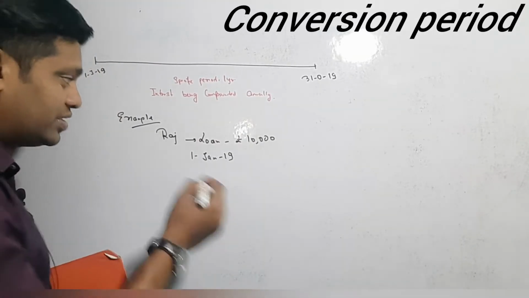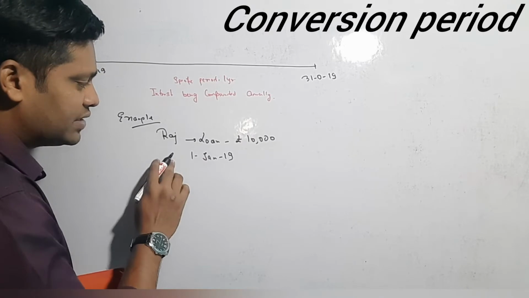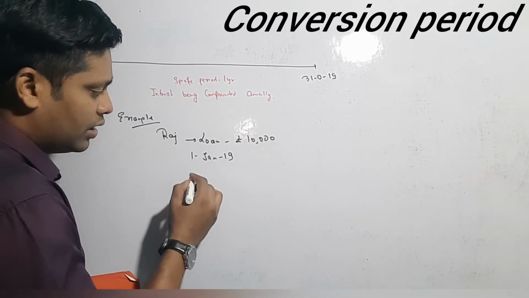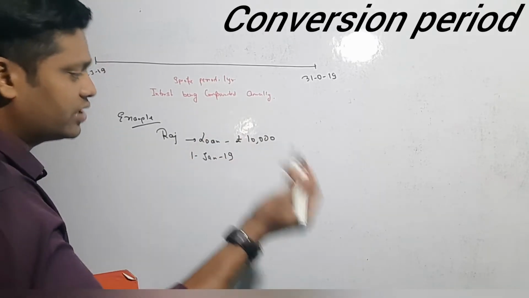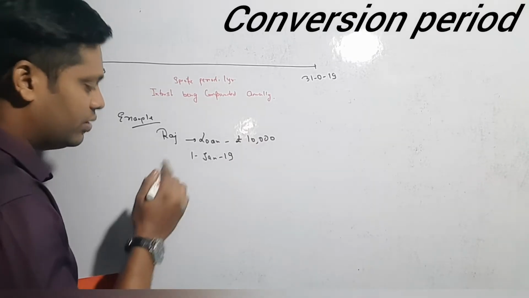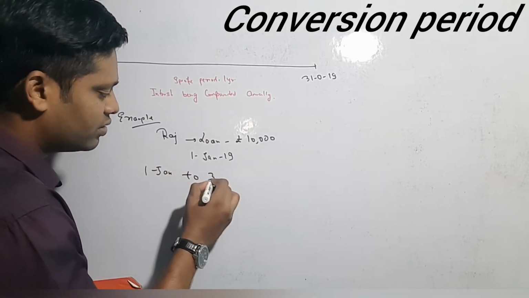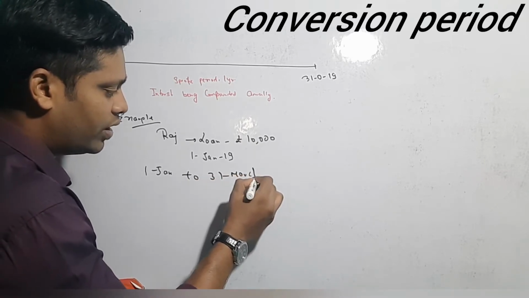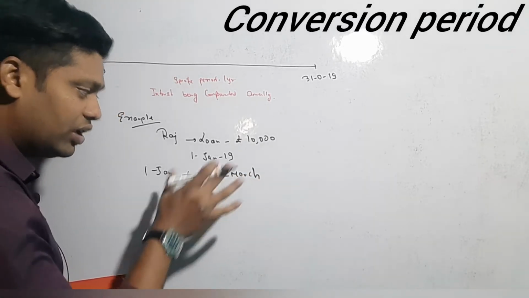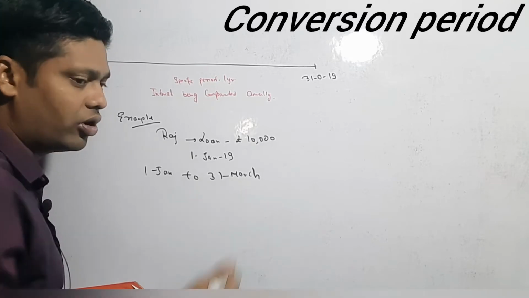So will Mr. Raj pay the interest next year, or within this year only? This year means from 1st January to 31st March. This is one year. So in this year, how many times will he pay?